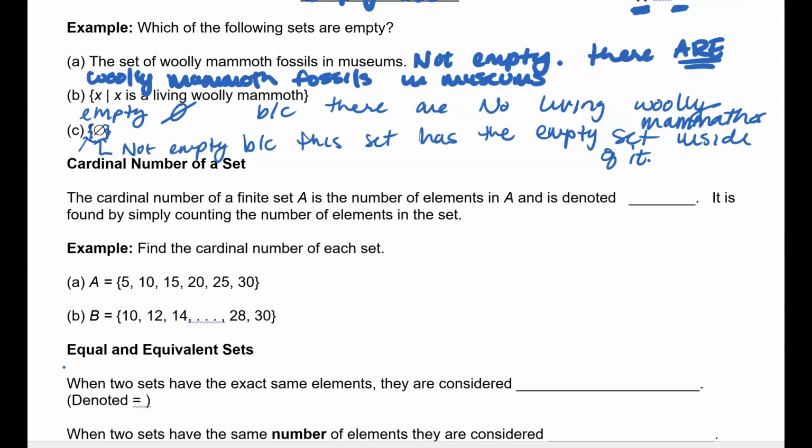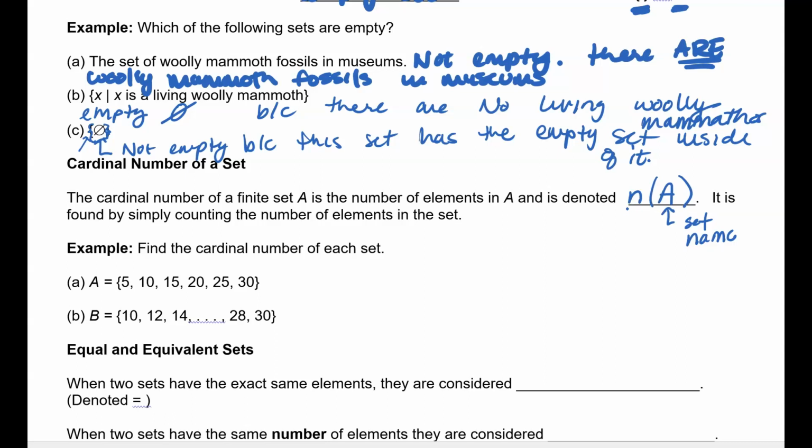The cardinal number of a finite set A is the number of elements in A, and it's denoted, because we often have shorthand ways of writing things in math, as n of whatever the set is called. The set name can vary, but we always use the lowercase n.